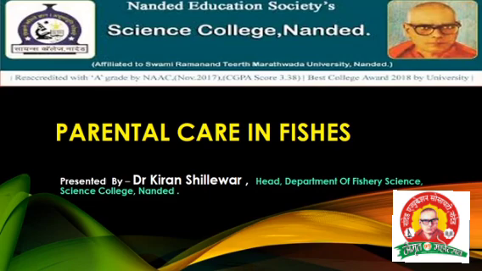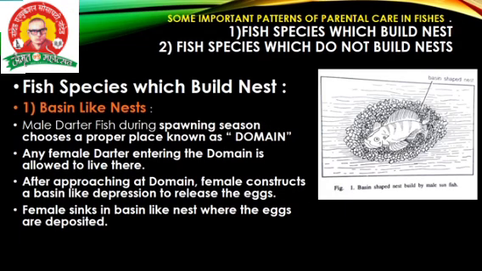Okay, then some important patterns of parental care in fishes. Within that, there are two types. Today we see the two types: fish species which build the nest, which is one type of parental care, with examples we will see, and fish species which do not build the nest.